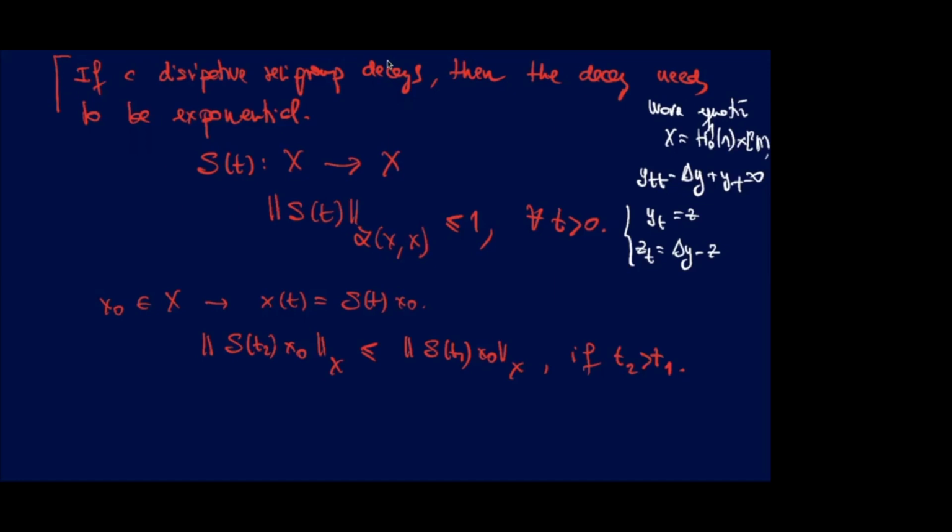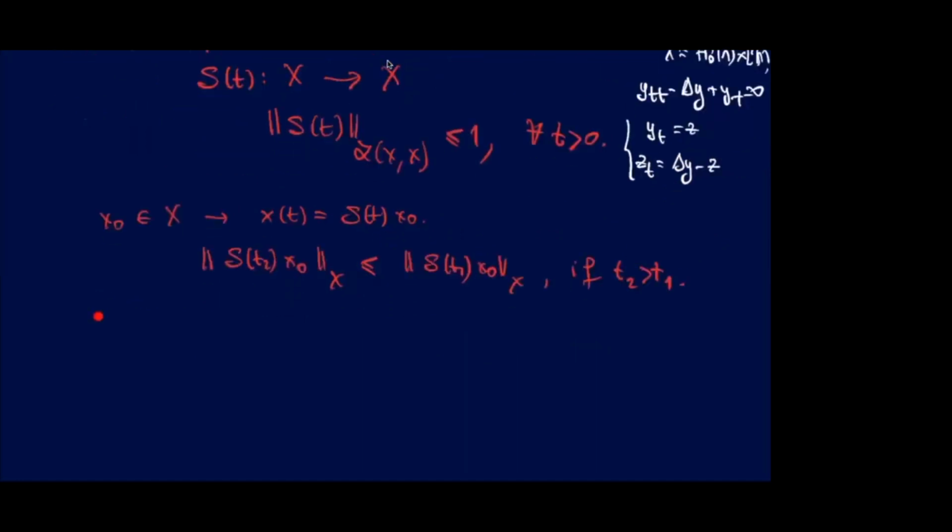In fact, you need to use the fundamental property of semigroups, because we know that if T2 is really T1 plus some positive time tau, then I can always say that S(T2) applied to x0 is S(T1 plus tau) applied to x0, and this is S(tau) applied to S(T1)x0.